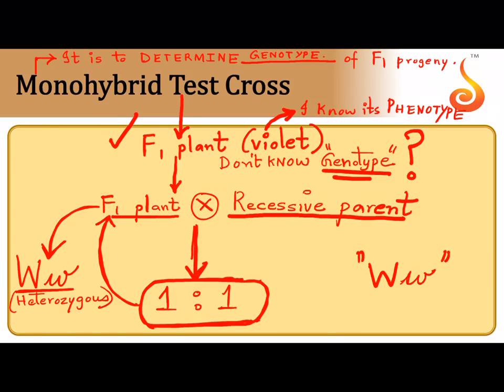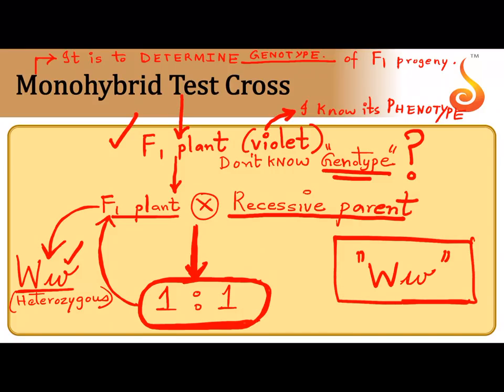When you get a ratio of 1:1, you will conclude that the F1 plant is heterozygous. If you don't get a ratio of 1:1, that means the F1 plant is homozygous, capital W, capital W. The fact that you're getting a ratio of 1:1 indicates that the F1 plant is heterozygous, capital W, small w. I hope it is clear.